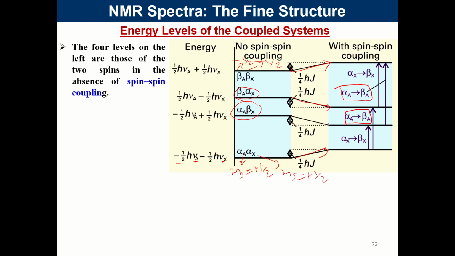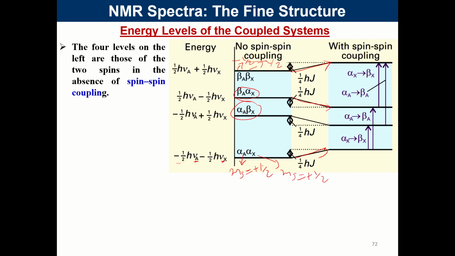So we are talking about this arrow and this arrow, and both of them differ by this much amount. I drew it a little bigger, this factor, only this much amount. So this is the representative of the separation between the two lines that you will have on the spectrum.